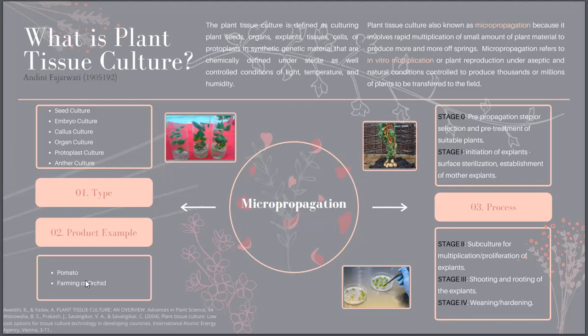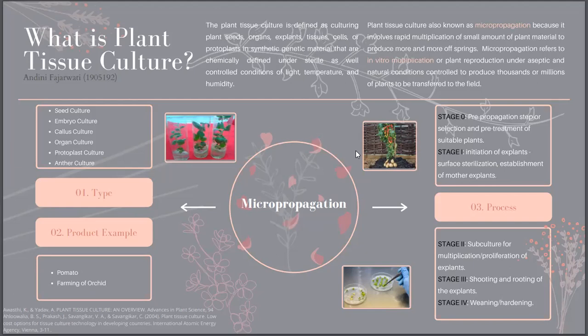So yeah, I think that's all for the process. I'm sorry, for the example, such as Pomato, this is the picture of the Pomato. Pomato is potato and tomato. So we can also fuse two different germs of plants in protoplast culture.